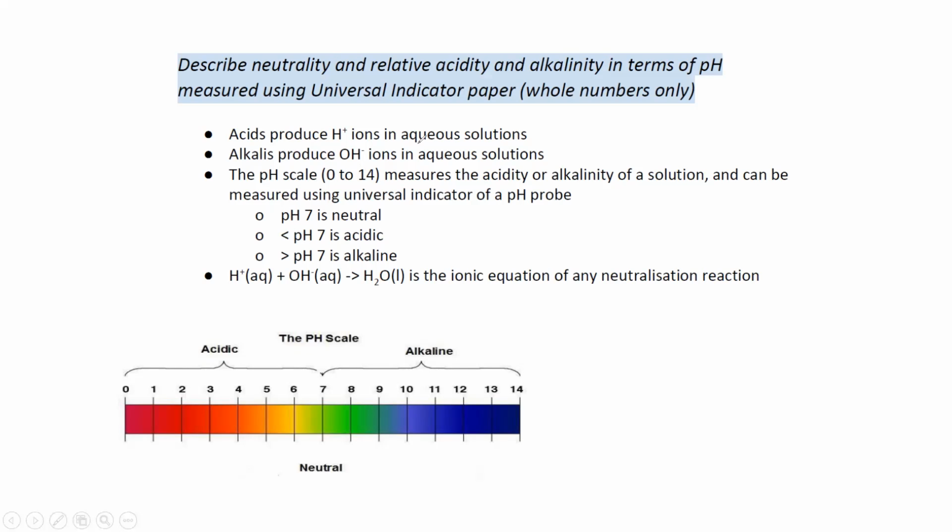So acids are substances which give H plus ions, and bases or alkalis are substances which give OH ions. What is the difference between base and alkali? There's only a small difference.